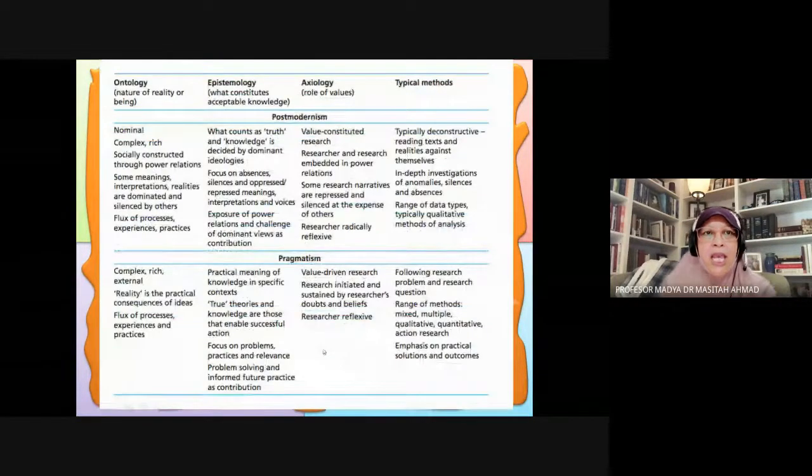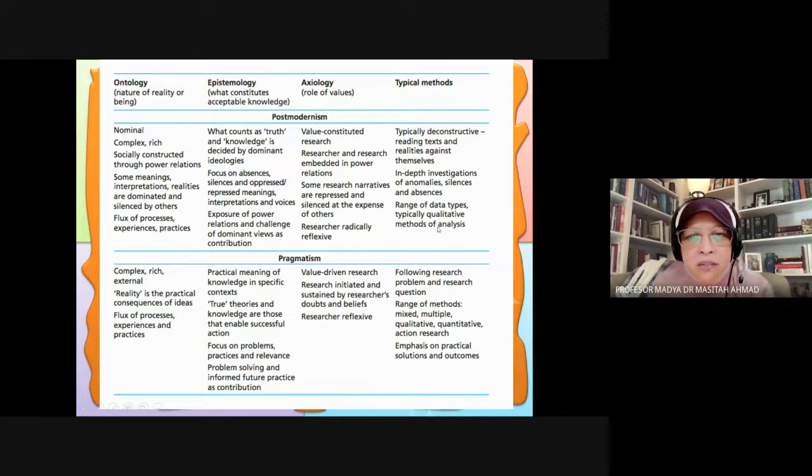Okay. And another ontology, epistemology, and axiology, and these are the typical methods. We have the deconstructive, whereby you read texts and realities against themselves, with in-depth investigations of anomalies, silence and absence, a range of data types, typically qualitative methods of analysis.